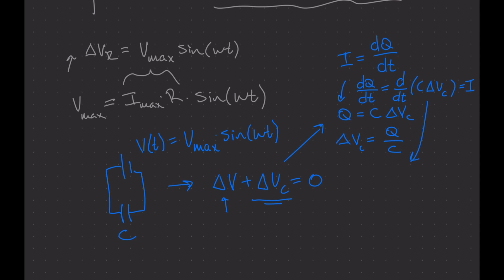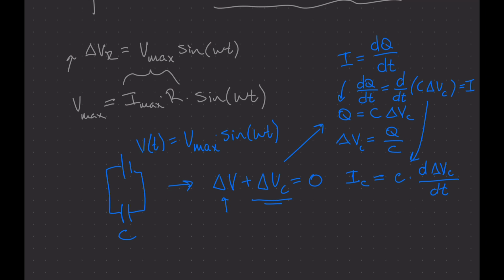And this actually gives me this equation. So the current across a capacitor is equal to the capacitance times the derivative of the voltage across the capacitor with respect to time. Okay, this is very different from the current across a resistor, which is from V equals IR, this over here.